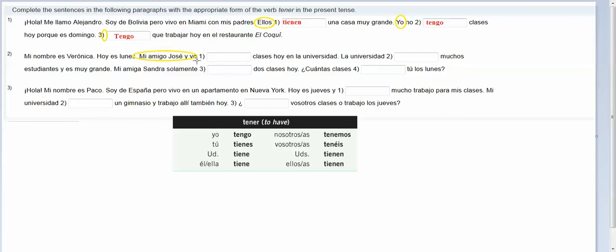Well, mi amigo José y yo is not in our chart, but we can think of my friend José and I as we, because you could either say my friends and I are going to have classes today at the university, or we. Okay, and so then if you look at nosotros, then you're picking tenemos.